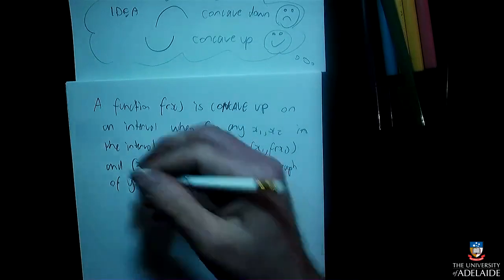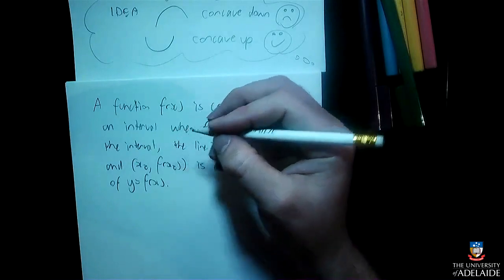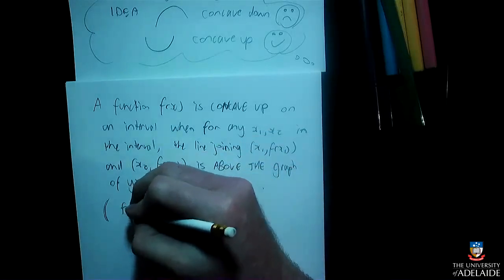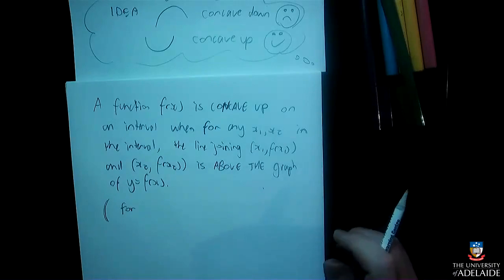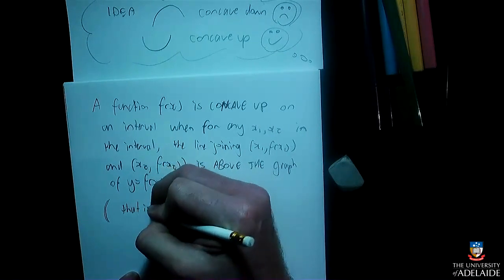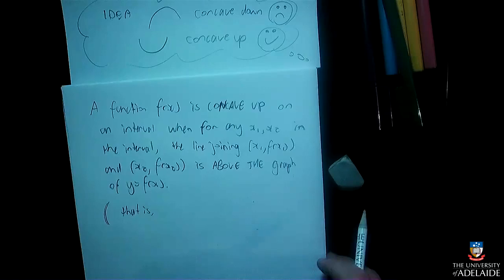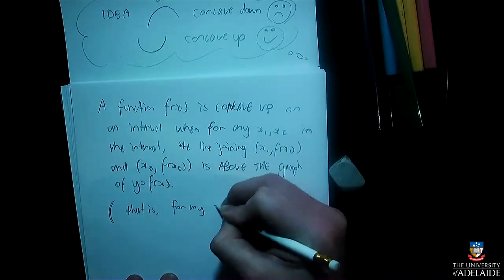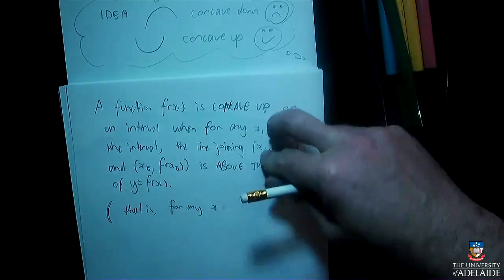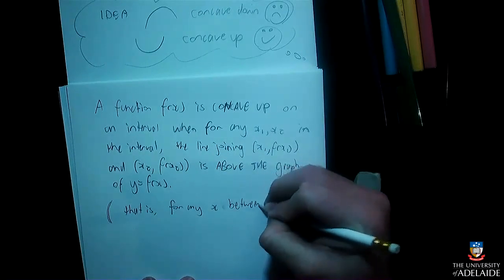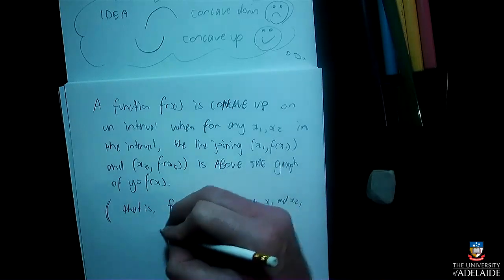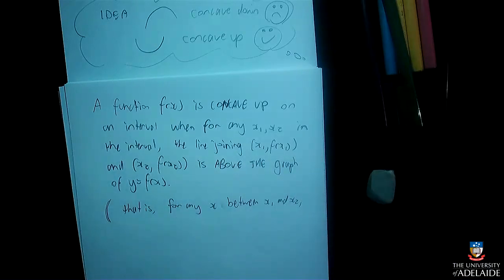And what that means, just completely formally, so that I'm not mentioning the graph at all, is that to say the line is above the graph is to say that the point that's on the line, for any x in the interval between x1 and x2, then the value of the function on that line, which is going to be this.